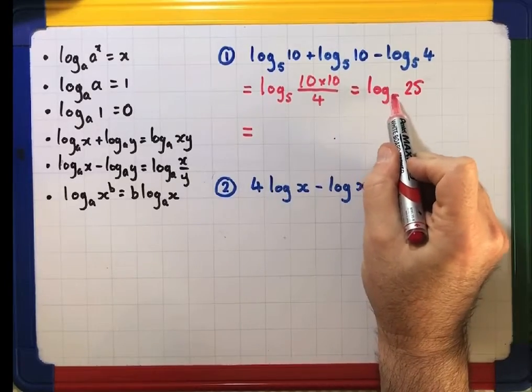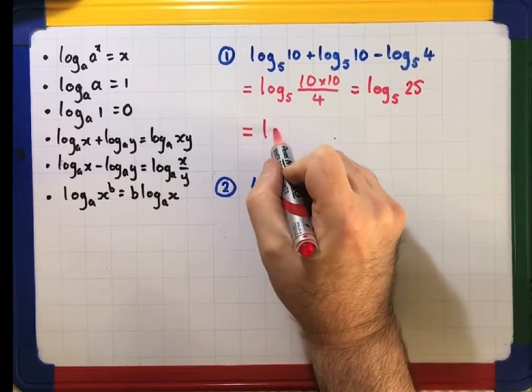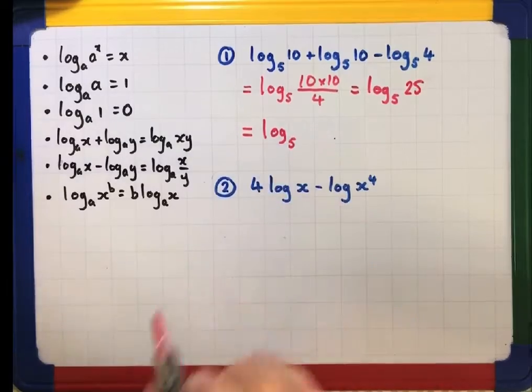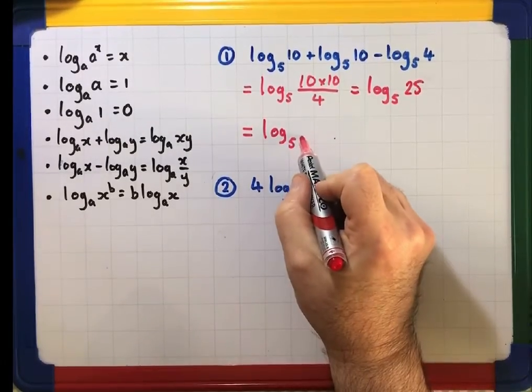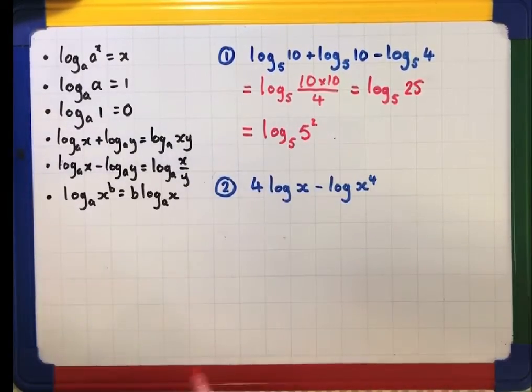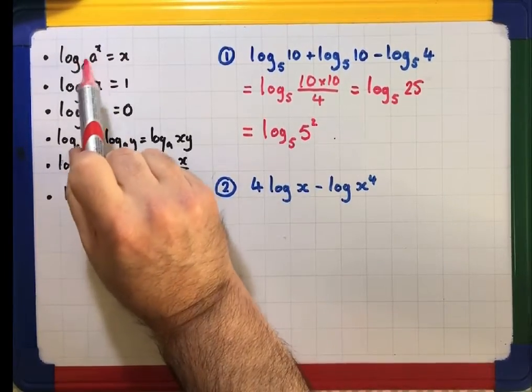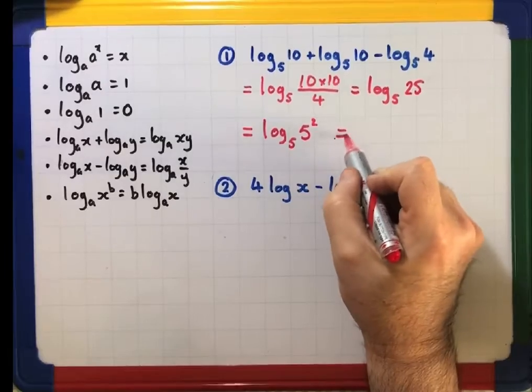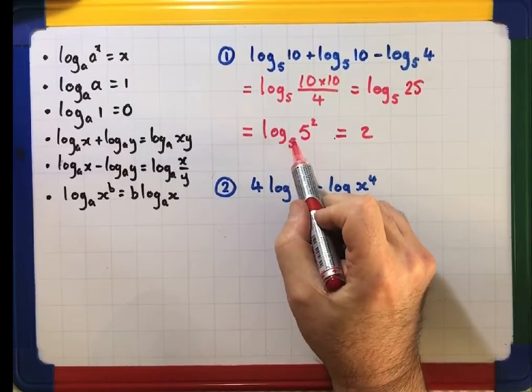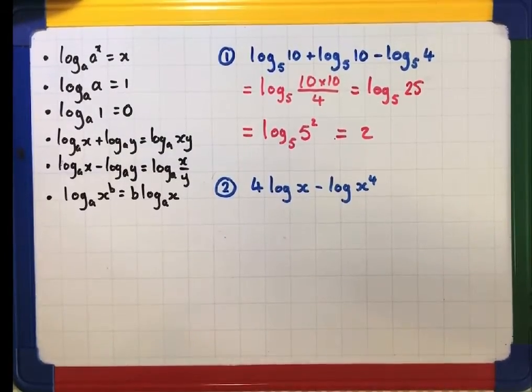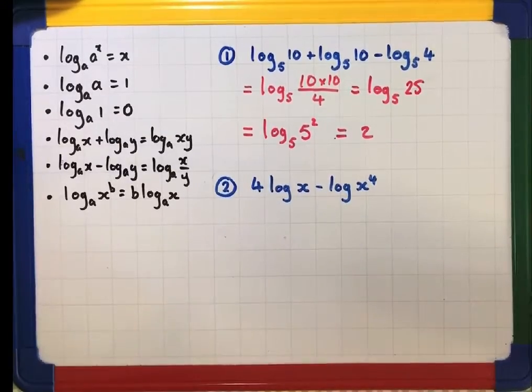But log to the base 5 of 25, you know 25 is a power of 5, so I can write that as 5 squared, because 25 is 5 squared. And then using this rule, it's just going to be 2, because the log to the base 5 and 5 to the power cancel out, giving us just the 2.